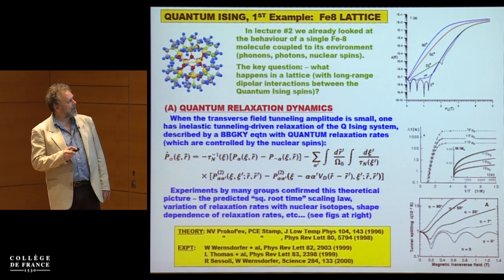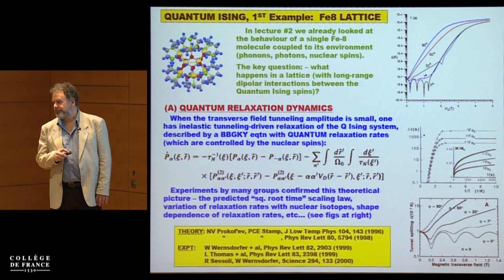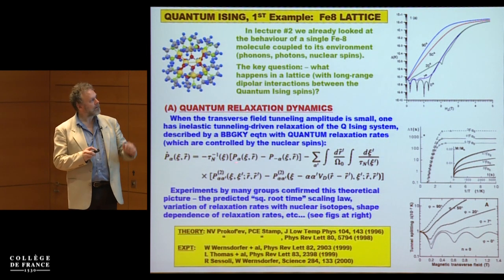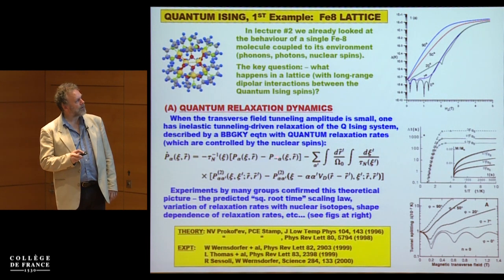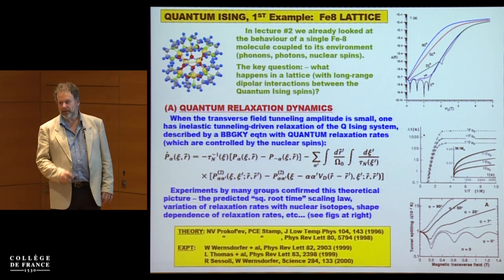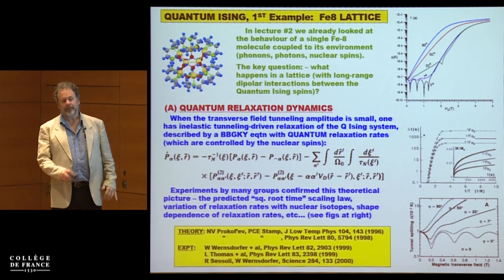Alpha here is either plus or minus, up or down, 0 or 1. And this is the time derivative of the distribution function for the system to be up or down at some position r, and this is the longitudinal field at the site r. And so the relaxation rate is just given by the difference of up and down here. So that would be just a straightforward memoryless relaxation.